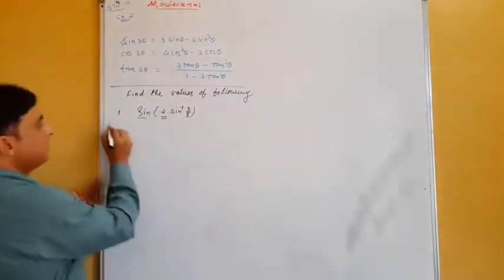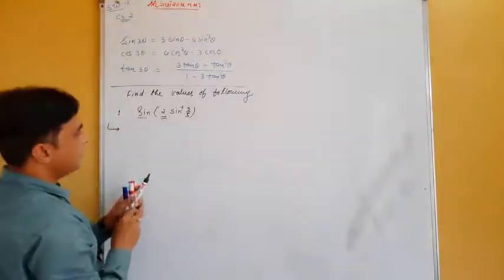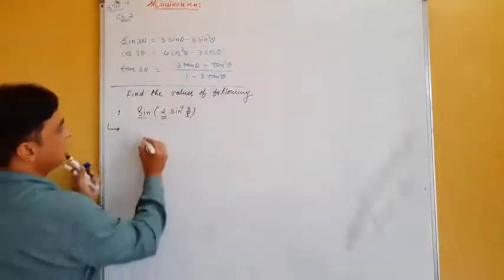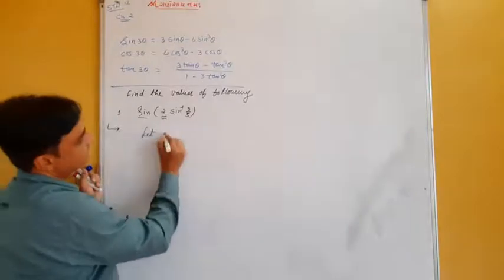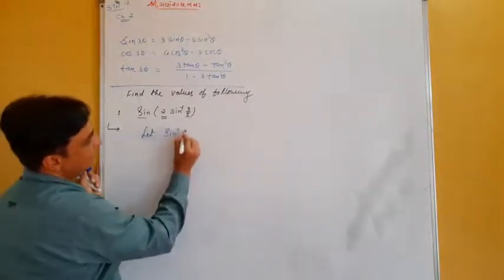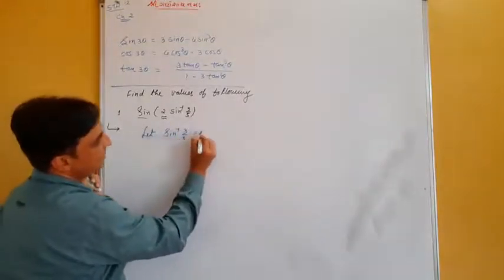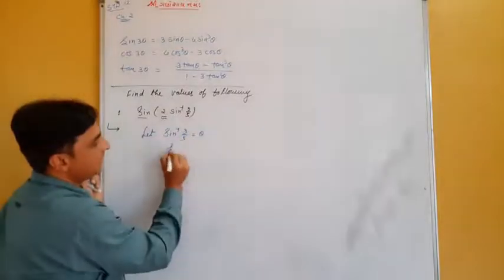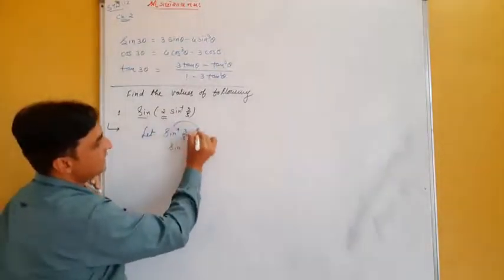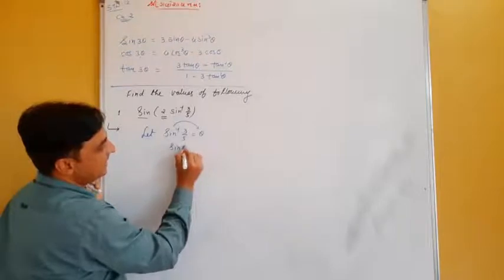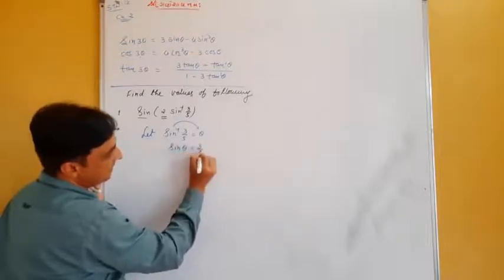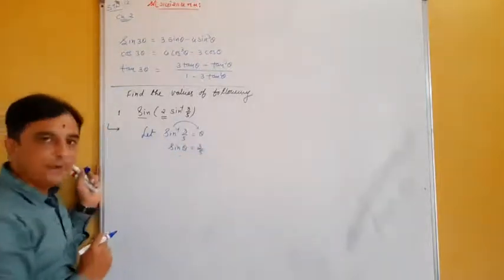Now, it's a most important thing. So for that, let sin inverse 3 by 5 equal to theta. That means sin theta will be 3 by 5.